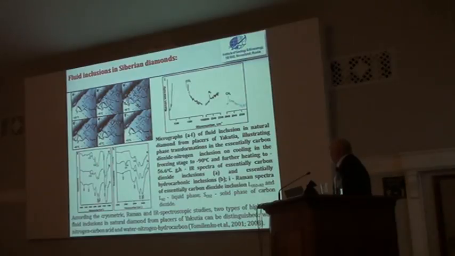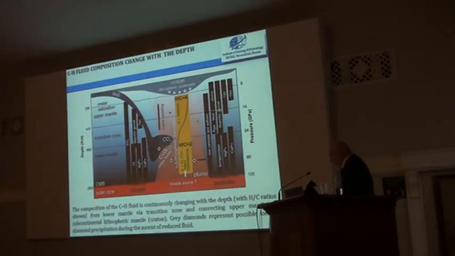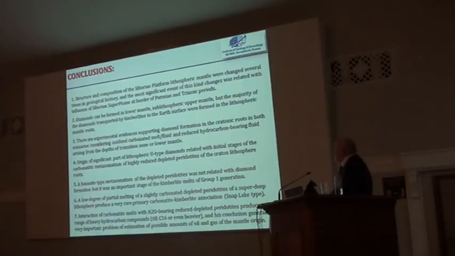And here they have some heavy hydrocarbons included in natural diamonds. You see, it's fluid inclusions of Siberian diamonds. They have such up to, you see, C15. Okay, two conclusions.